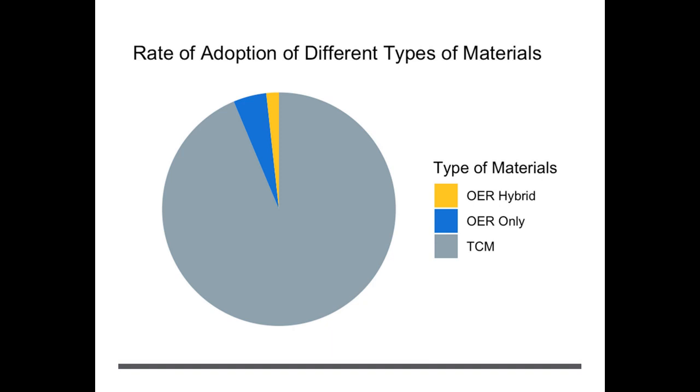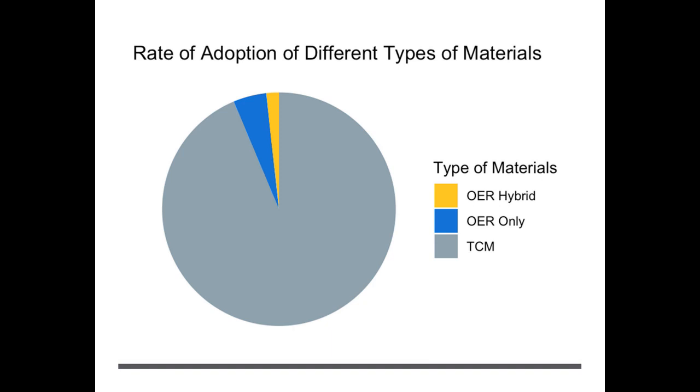One of the interesting things that we realized as we were collecting this pricing data was it was also giving us a good empirical view into the rate of adoption of OER materials in courses where we knew OER options were available. Somehow when the slides got converted from PowerPoint to PDF, the numbers didn't come through, so I apologize. But about 93% of all the adoptions in these courses where we know good OER are available are still traditionally copyrighted materials.